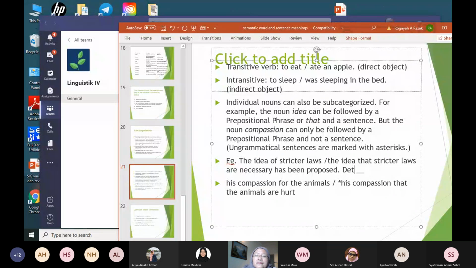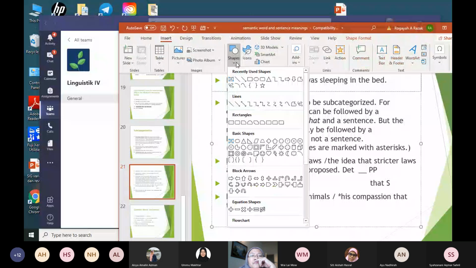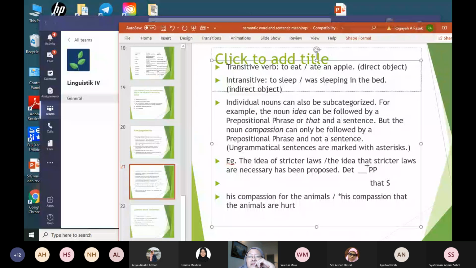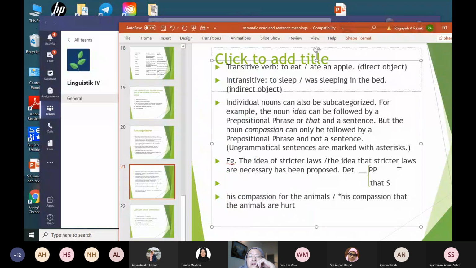Then we say that a determiner can happen before idea, and then you can have a prepositional phrase, which is of stricter laws, but you could also have the S, that S. And then I use a curly bracket to say it can go either one of these.